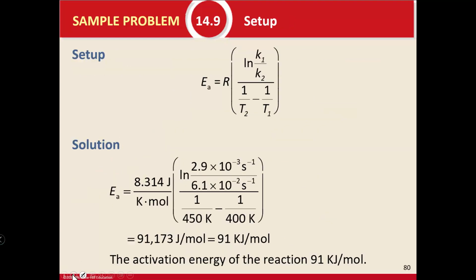We could choose the first and second or the first and third. It's up to you what you want to do here. So they manipulate the equation to solve for E sub A over R. So again, they multiply both sides by R, and then they divide by 1 over T2 minus 1 over T1.